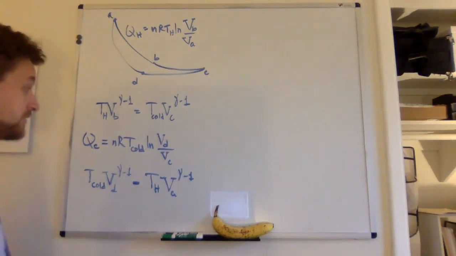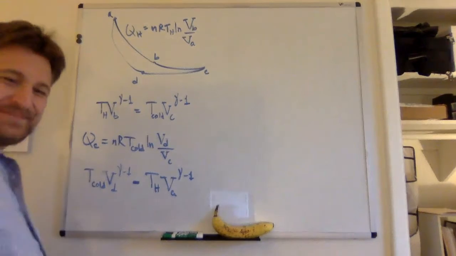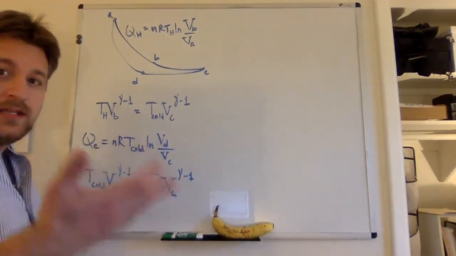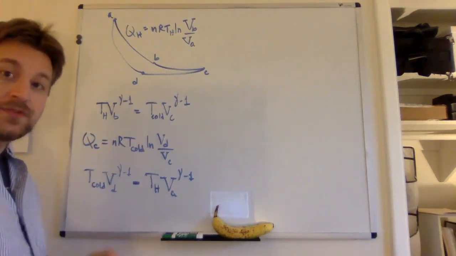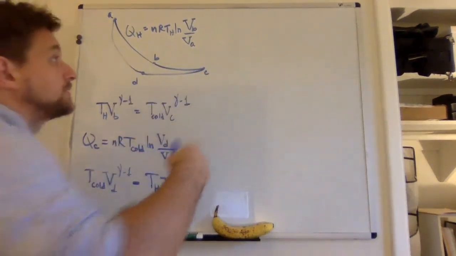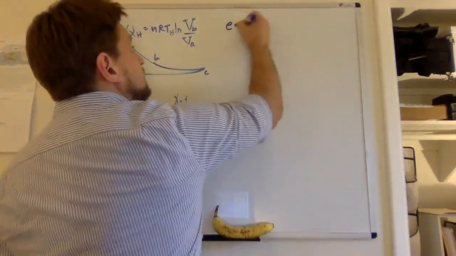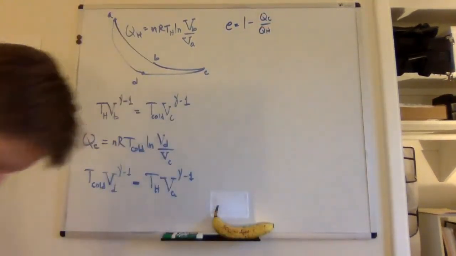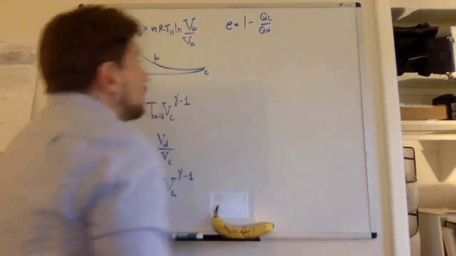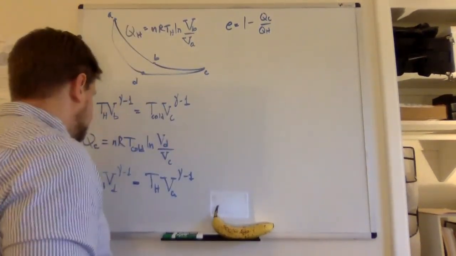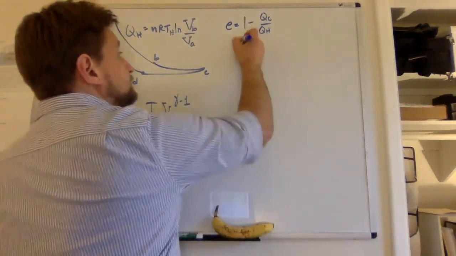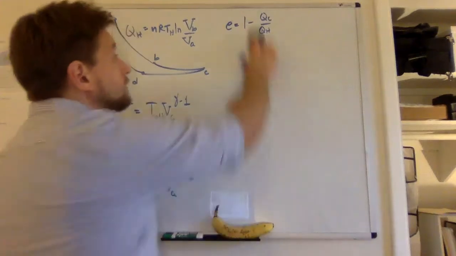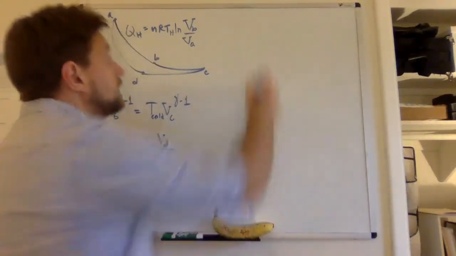All right, so now we just have to put this all together. The efficiency equation asks for the ratio of QC to QH. The efficiency is 1 minus QC over QH. All right, let's find the ratio. We'll come back to that. Let me just write QC over QH for now.